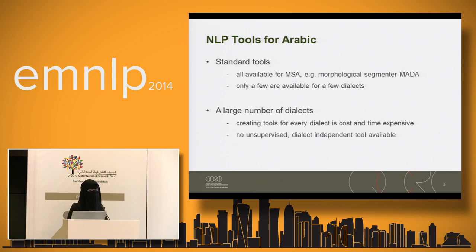But when it comes to dialects, there are many dialects, and we really lack a tool for each one of them. So here we are trying to come up with an easy way to develop a segmentation tool that could be used for each dialect or even for different combinations of the essential dialects.